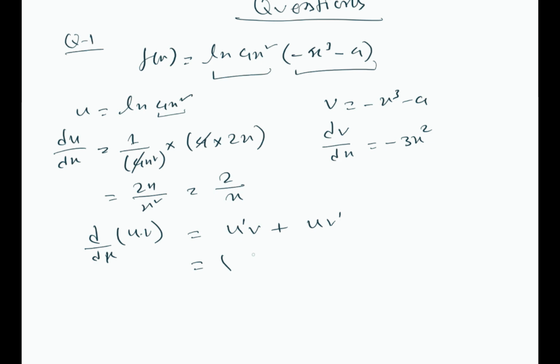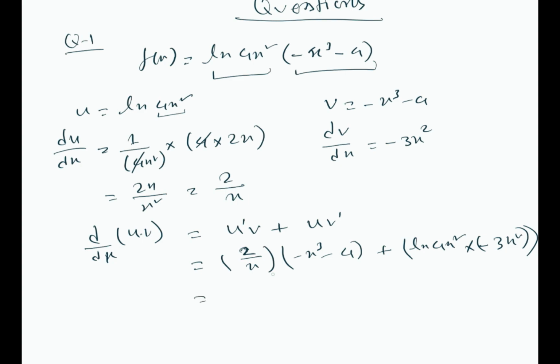So what is u prime? u prime is 2 over x. And then b is equal to minus x cubed minus 4, plus u, which is ln of 4x squared, and then our b prime is minus 3x squared.